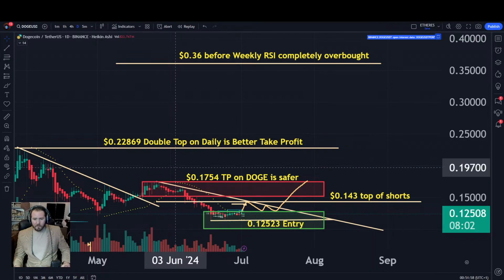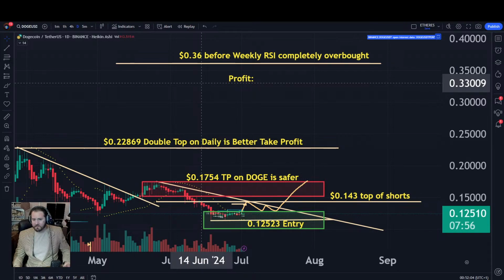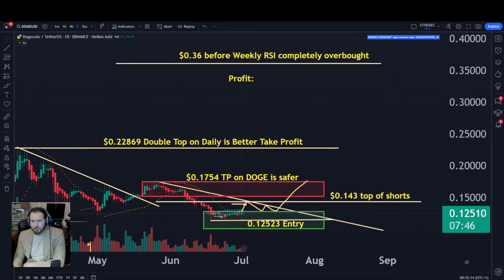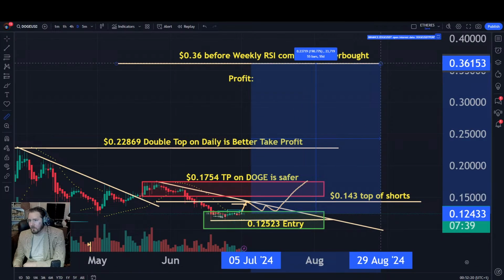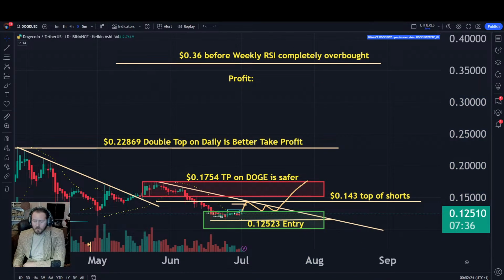How much profit will we earn from this trade? So we go to 36 cents. Let's do the math here. 0.36 minus 0.12523 divided by 0.12523. That's a 187% move. Let me double check this. Yep, about 187%. So 187 times 50.